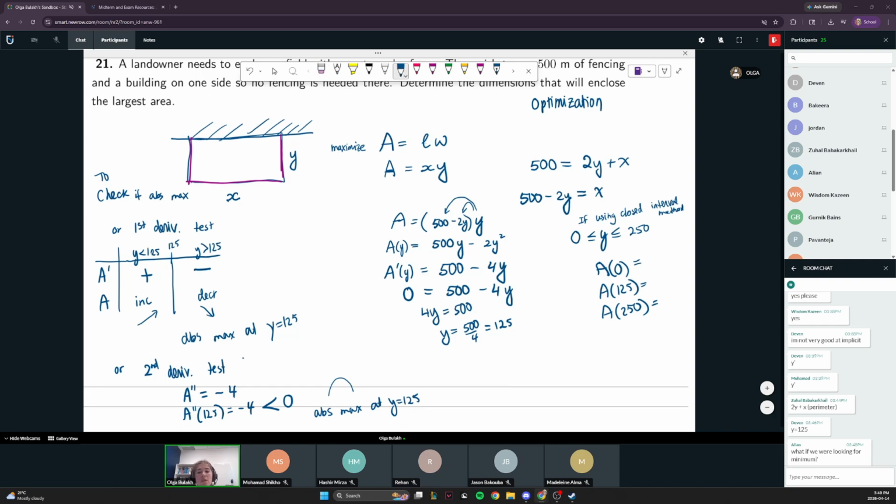But using the midpoint rule, we're going to get the points in the middle of each subinterval. So that's going to be at 1, 3, 5, and 7.